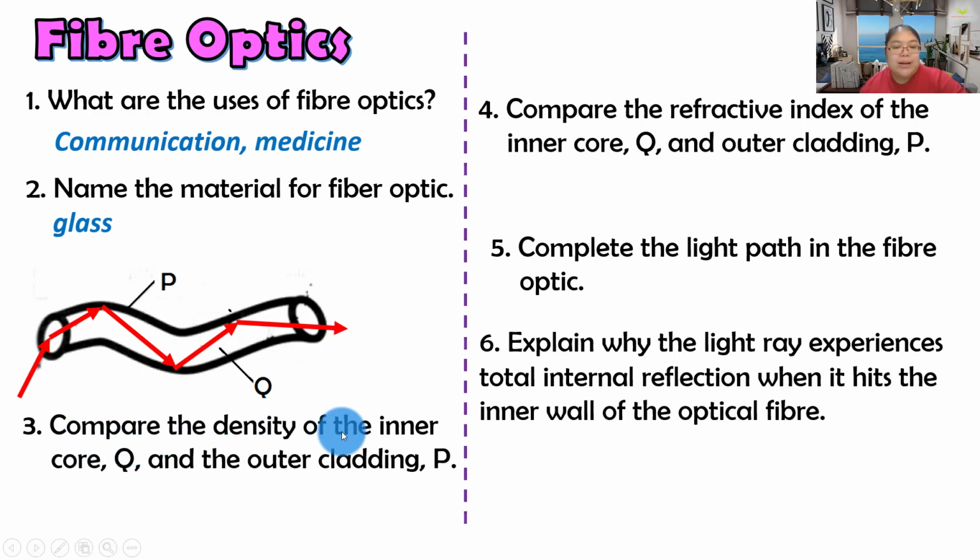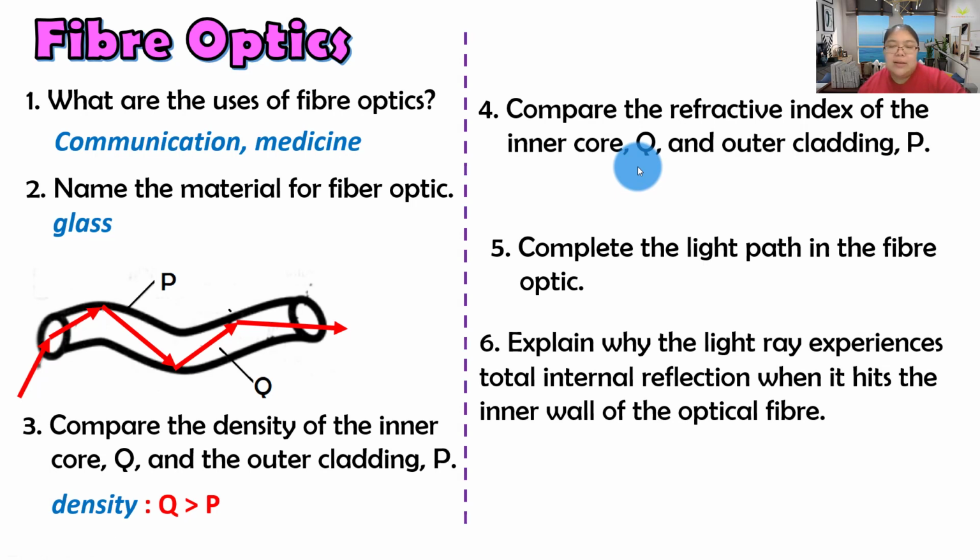Now we need to compare the density of the inner core and also the outer cladding. Remember, for total internal reflection to occur, the inside must be denser, then the outside must be less dense. So we know Q must be denser than P. Now we compare the refractive index. The density of P and Q is related to the refractive index.